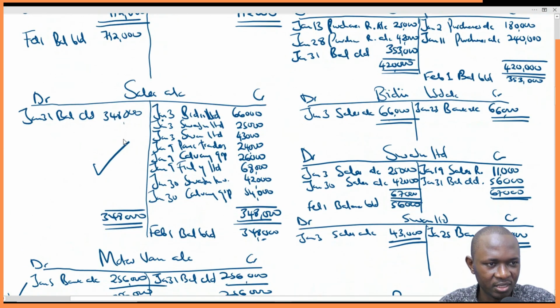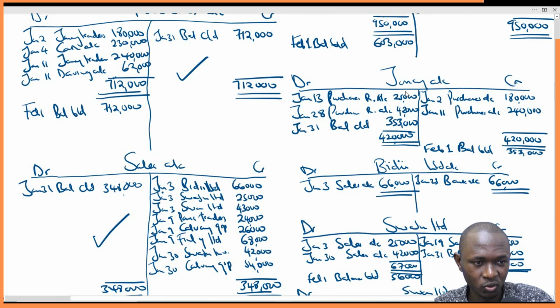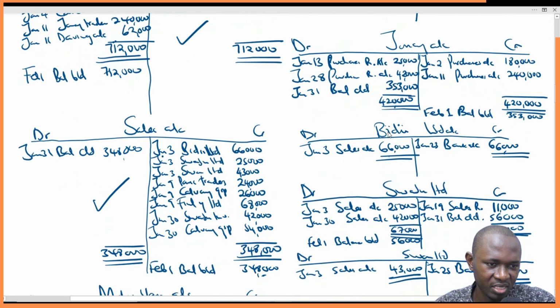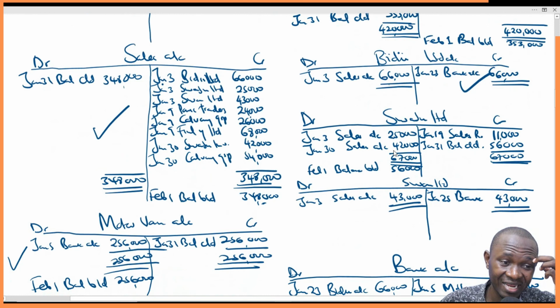Yeah. Now let's come back to this side, and we are just identifying the debtors. So Jonesy account is a credit account. You can see the transactions are on the credit side. Then BD, his account balanced. So this one we have nothing, it's complete. Swaju Limited. Swaju is a debtor.